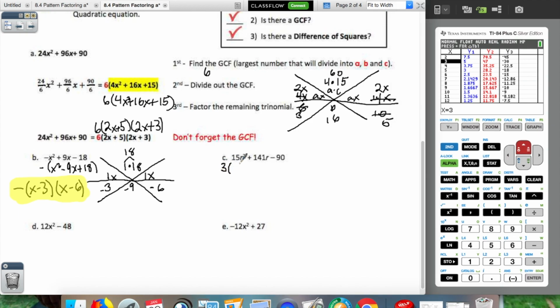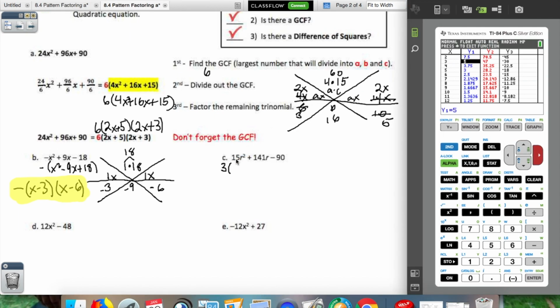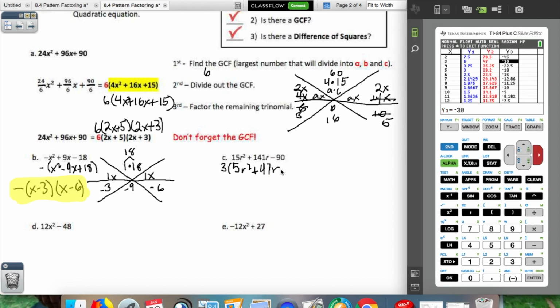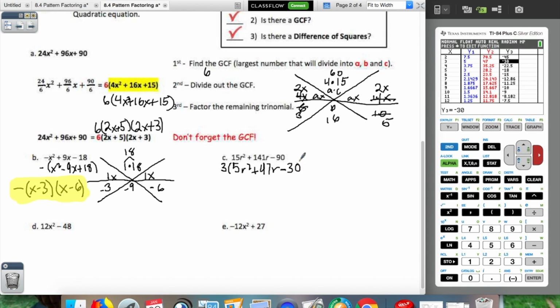Now remember, we can really just divide by 3, but let's go ahead and take what our calculator gave us. We have 5 in y1, so 5r squared, 47 in y2, so that's what got us 47r, and negative 30, so that's what got us minus 30. Alright.